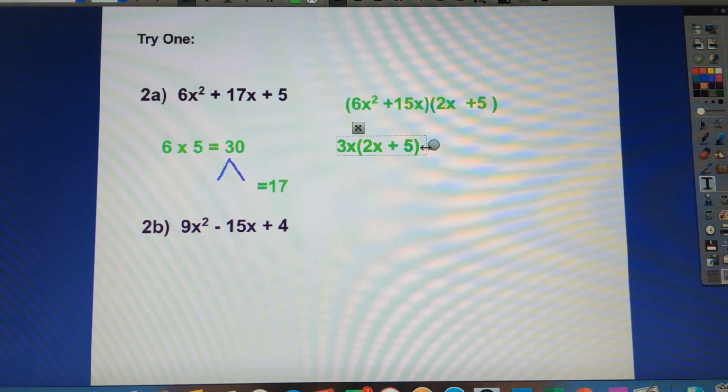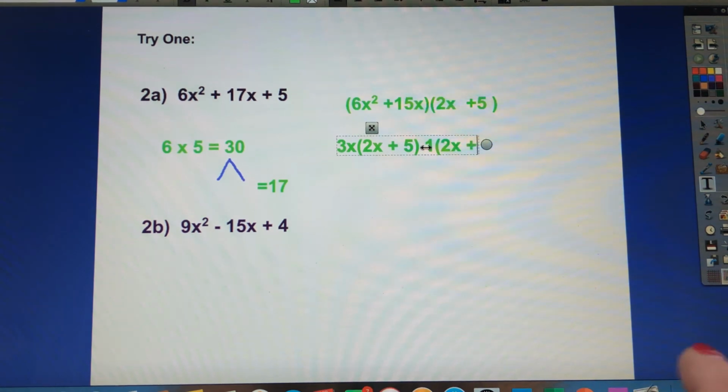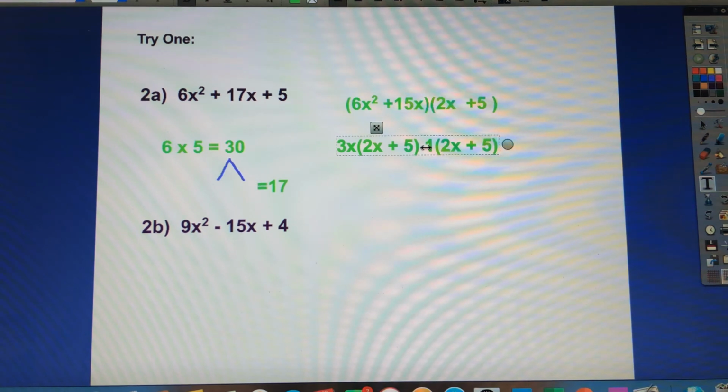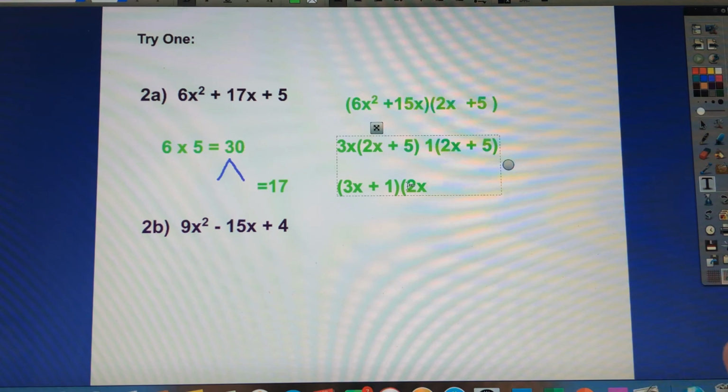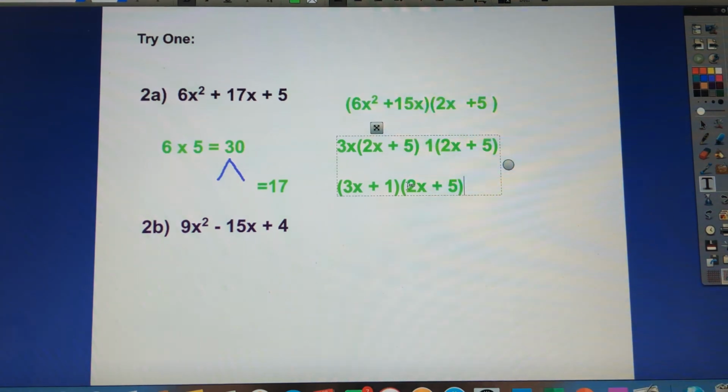I get to my next one. I already have a 2x plus 5. So what's on the outside that's invisible? What's my invisible lovely letter for multiplication? 1. And I can repeat it. This is going to give me 3x plus 1. Oops, sorry, forgot my times 2x plus 5.